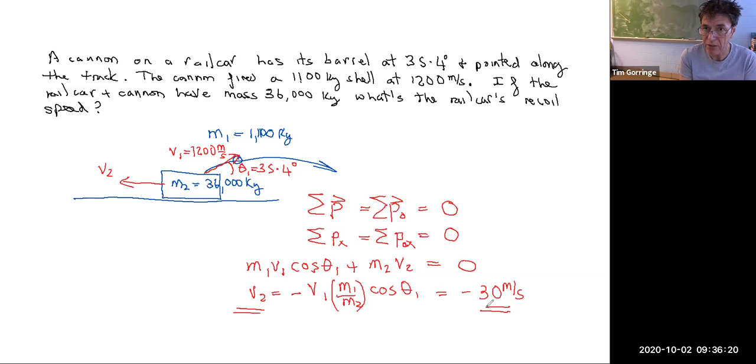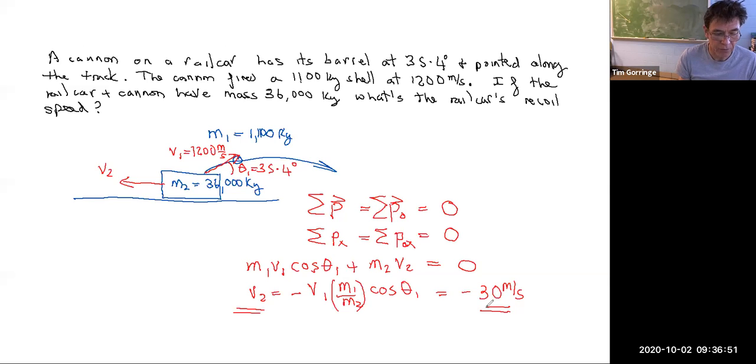It's like the pitch that the shell was fired at, or the bullet was fired at. And so the more level you fire it at, then the more the recoil in the horizontal direction. The more vertical that you fire it at, then the less recoil in the horizontal direction. And so that's another feature of the equation. Anyway, this was a problem that was simply solved by momentum conservation and is a nice example of momentum conservation.